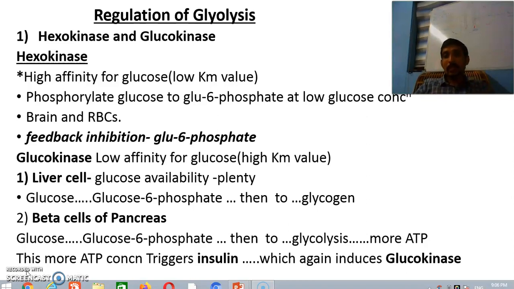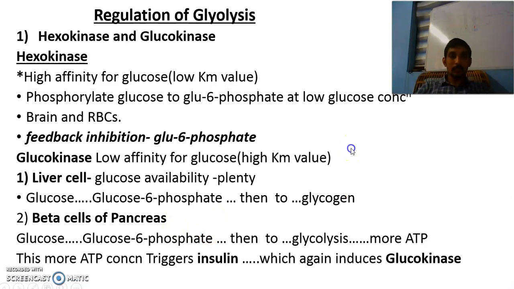So again and again, the rate of glycolysis increases within the beta cells, and also that insulin moves into the blood and controls the blood glucose level by taking the glucose into the liver cells and muscle cells. So here is the mechanism which works behind the beta cells of the pancreas. In that one also, some kind of regulation is present.